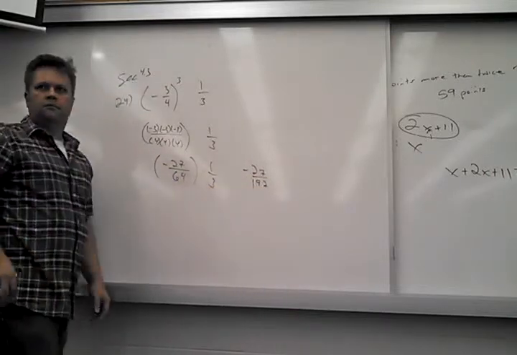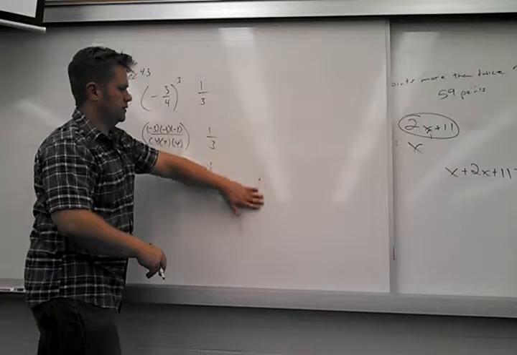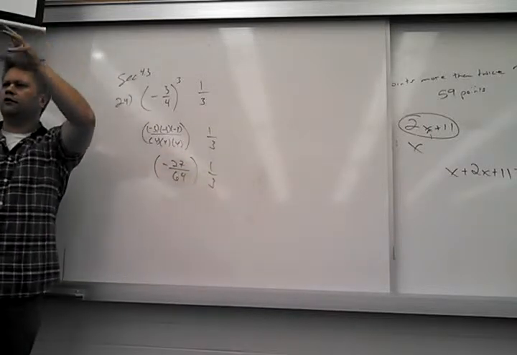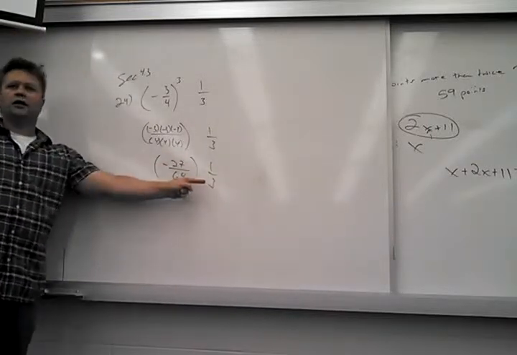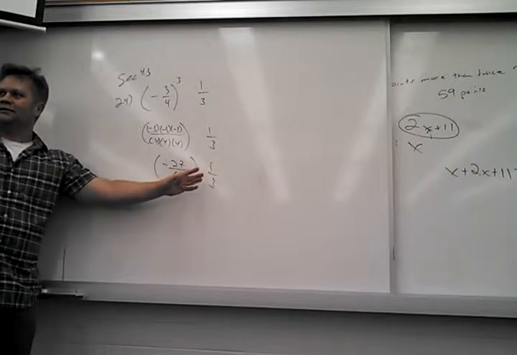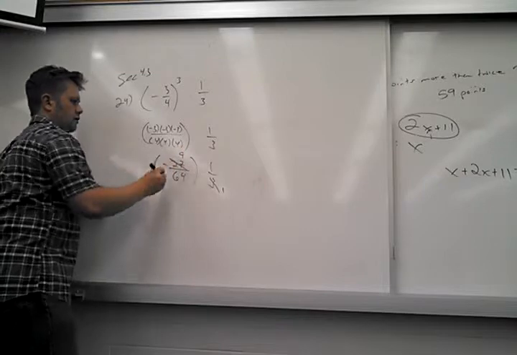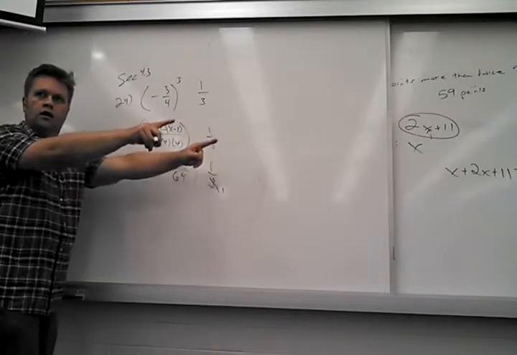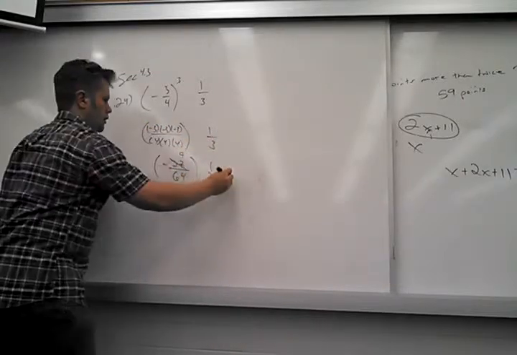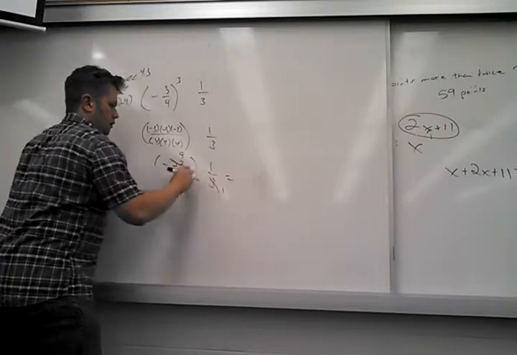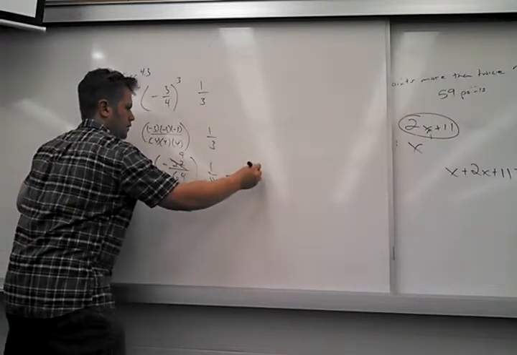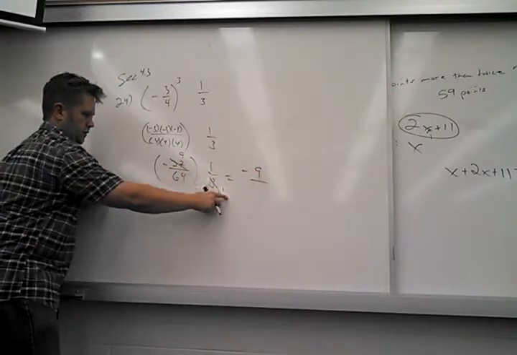I don't want to do that. I don't want to give myself these big numbers that I have to figure out what goes into them. I want to work with the smaller numbers. So 3 goes into 27 9 times, and now you just multiply straight across. So you end up with negative 9 over 64.